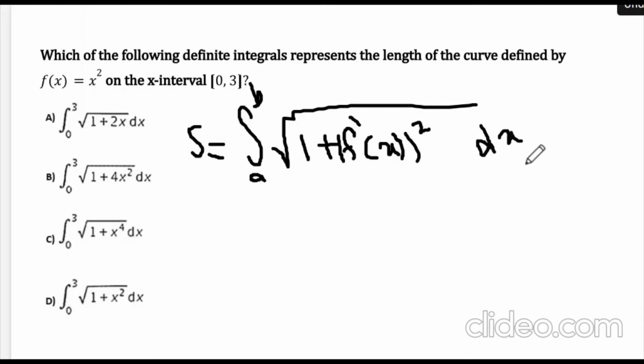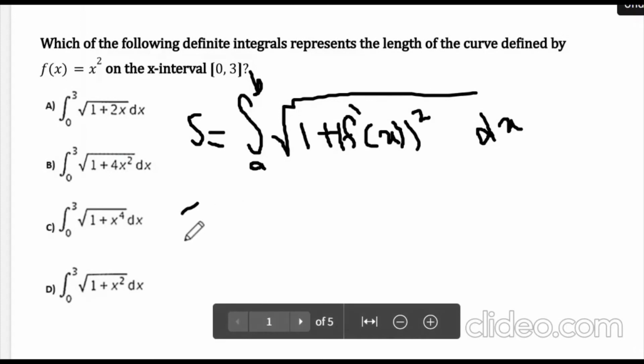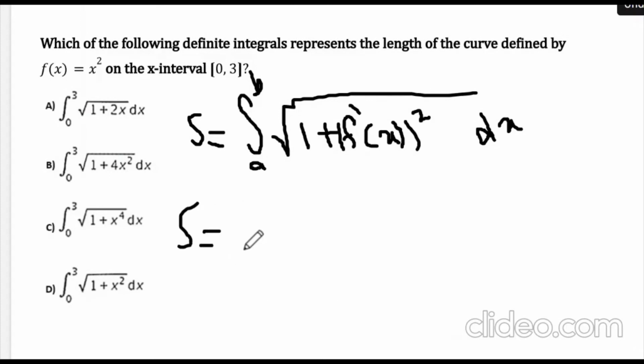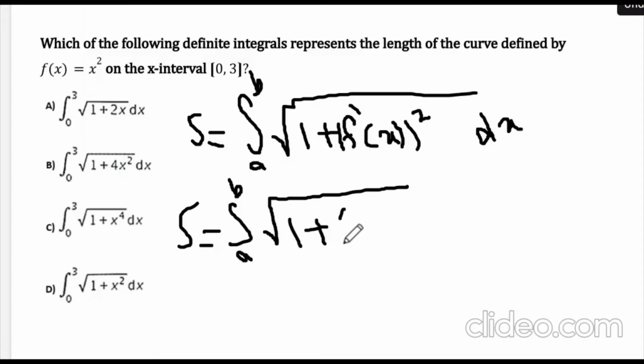So f prime of x can be written as dy over dx. So we're going to write, instead of f prime of x squared, dy over dx squared.